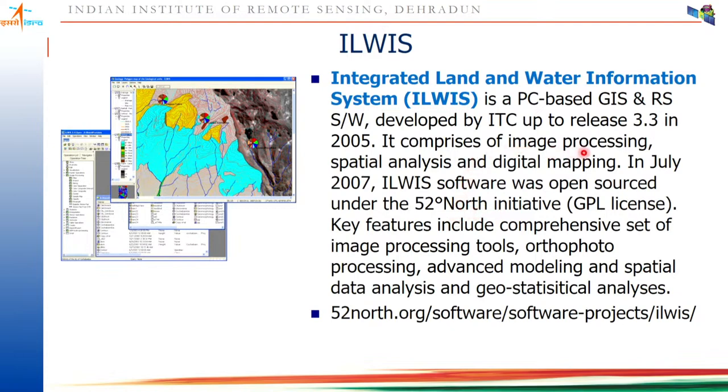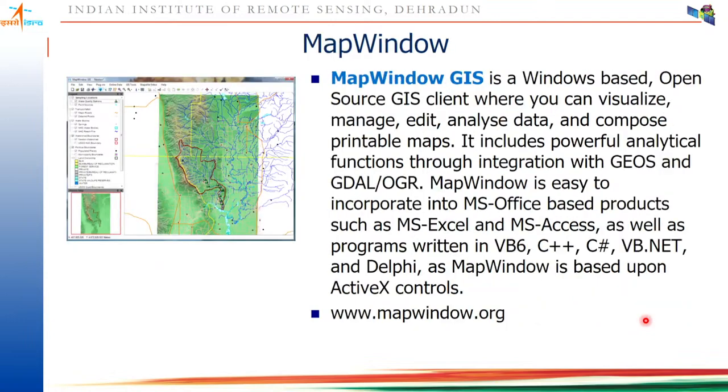So it comprises image processing, spatial analysis, digital mapping, a comprehensive set of image processing tools, orthophoto processing, advanced modeling, spatial data analysis and geostatistical analysis. So a lot of these things that you want to do in RS GIS software is available in this software called ILWIS. Again, this is the link for the software.